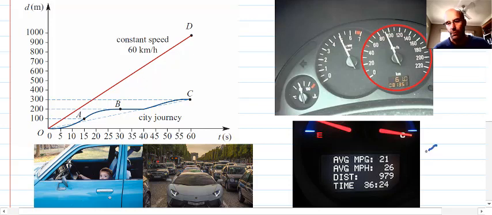And below we've got a readout which has things like average MPG, average MPH, and so on. That's a trip computer. And even though in Australia we use kilometers per hour, miles per hour, MPH, is a unit of speed used in some countries still. And miles per hour is a speed, so average MPH is the average speed of the journey.